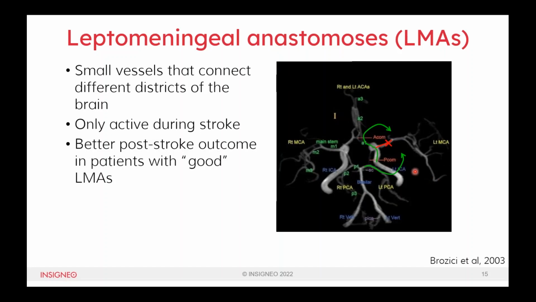Now, the problem is that the leptomeningeal anastomosis cannot usually be observed directly. They can be observed only in limited circumstances and only during stroke, where, of course, time is very important.